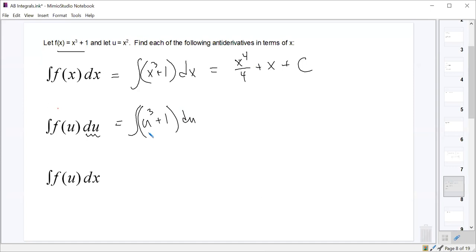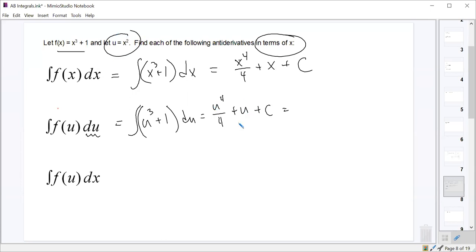I don't need to turn that into anything with x's. I just say f of u is u cubed plus 1. And if I put a du there, then I should just be able to integrate u cubed plus 1 du as u to the 4th over 4 plus u plus the constant. But if I want it in terms of x, now I need to replace the u's with x squareds.